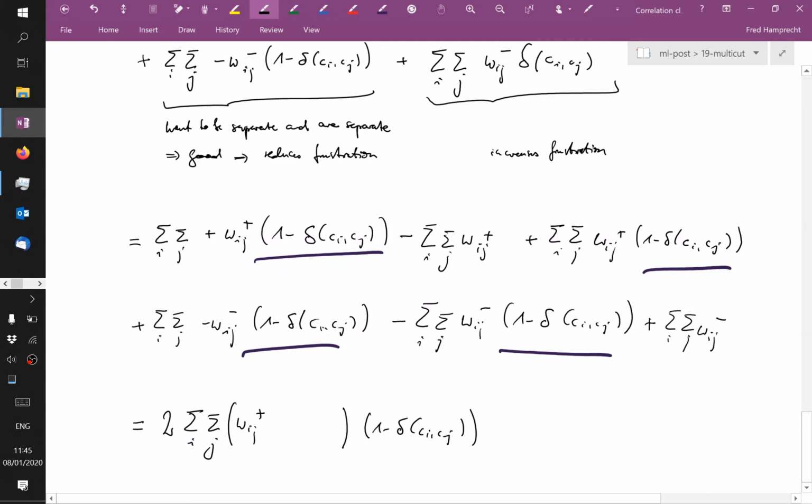And you see that we have the same kind of term with the w minus, so I'm going to subtract it here, like this. And then I have these two extra terms. Good.